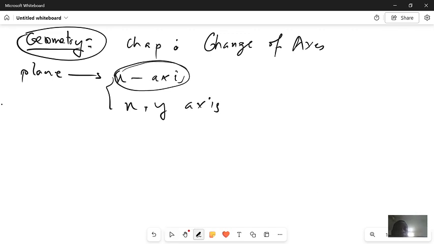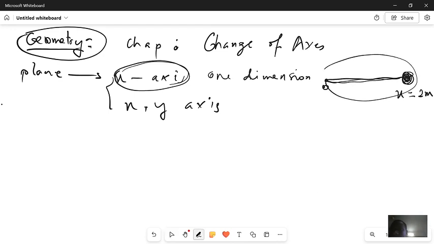For example, for one dimension, we just have a distance. Let's say with a reference 0, meaning our origin O. If we have a point here, this point is located at x equal 2 meters, for example, meaning that we have only one dimension x, so we have only a plane of one dimension.